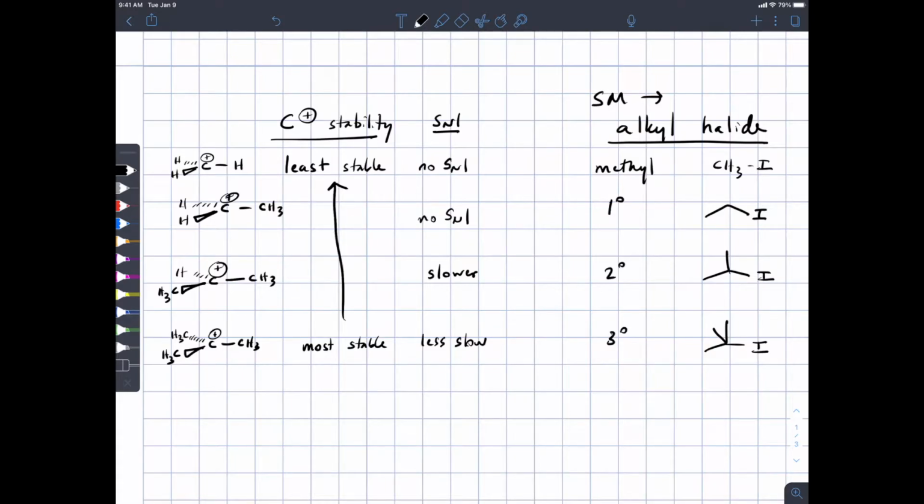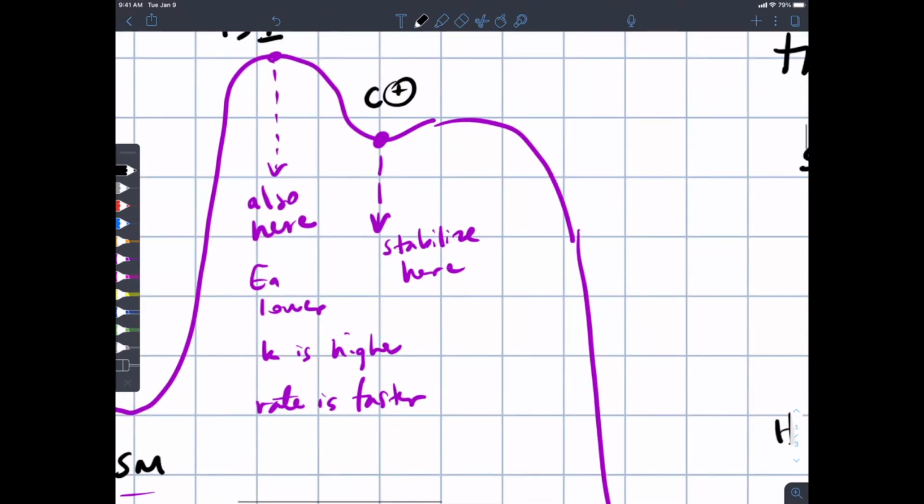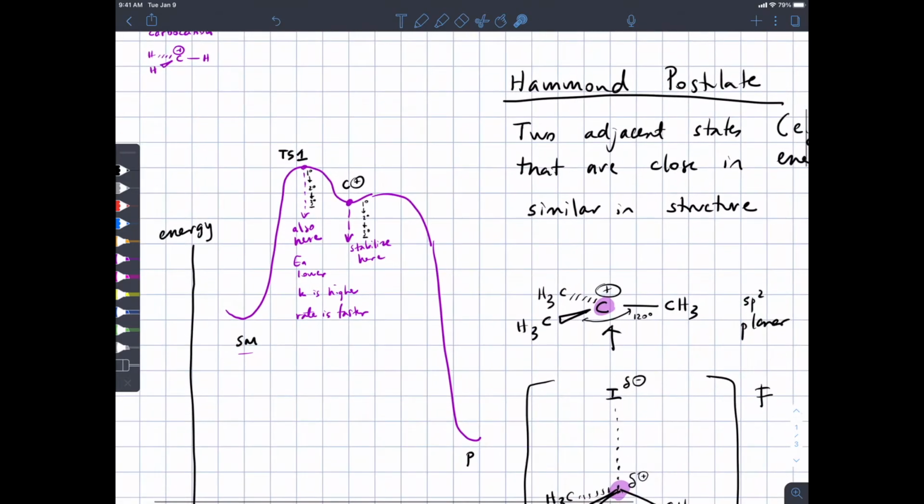All right? So what does that mean for our diagram here? That is, if we go from primary to secondary to tertiary carbocation, we're going to lower the energy of the carbocation. We will also lower the energy of the transition state, and then the transition state will go through these points, and the SN1 reaction will be faster.